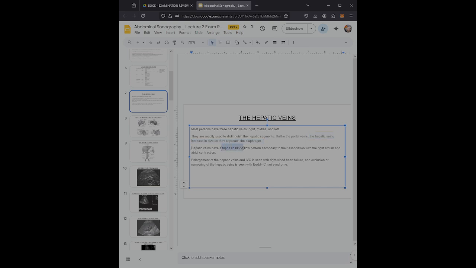Hepatic veins have a triphasic blood flow as opposed to the monophasic blood flow of the portal veins, and they're associated with the right atrium and atrial contraction through the inferior vena cava. So enlargement of the hepatic veins and the IVC is seen with right-sided heart failure, and occlusion or narrowing of the hepatic veins is seen with Budd-Chiari syndrome.